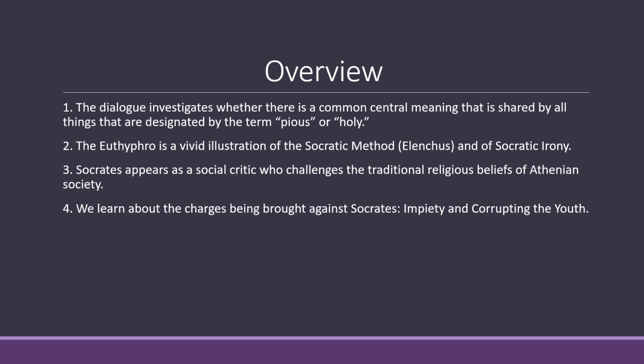In this case, the someone else is Euthyphro, who we'll talk about in just a little bit. Euthyphro claims to know about holiness and what the holy or the pious means, and in interaction with Euthyphro we can see a nice illustration of the Socratic method of questioning other people's beliefs.